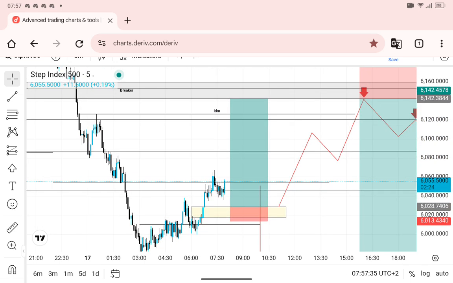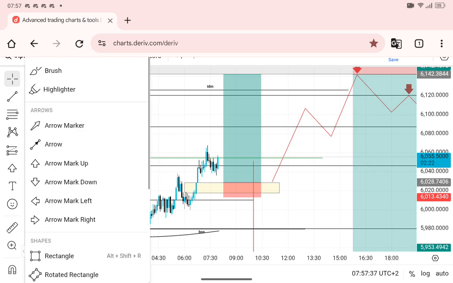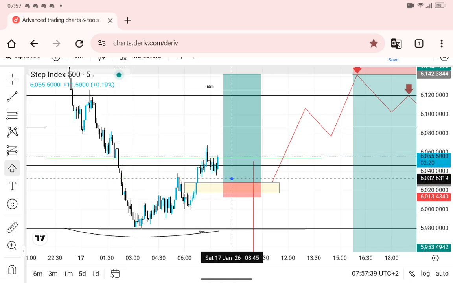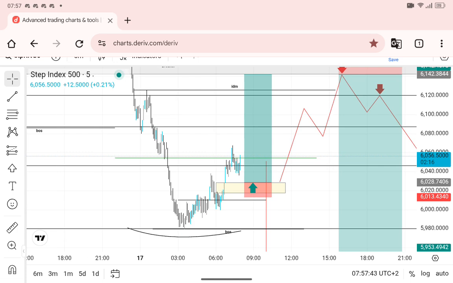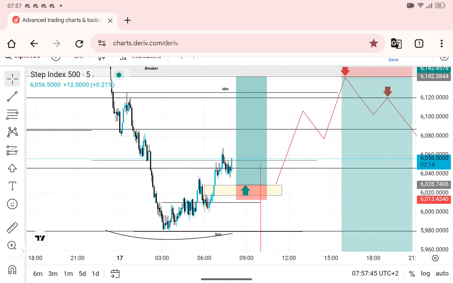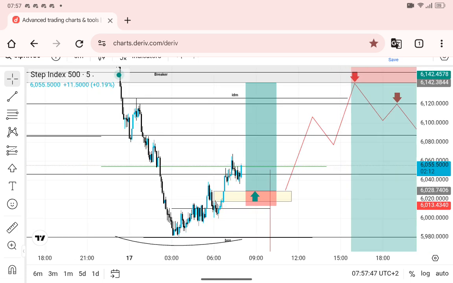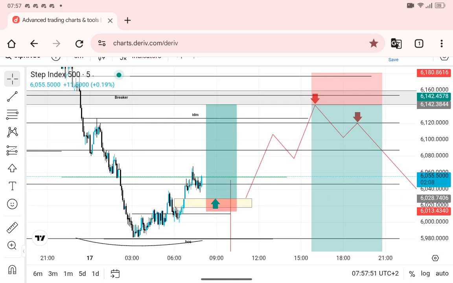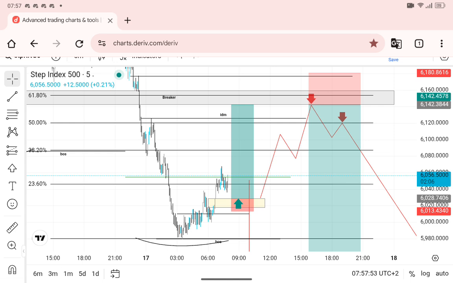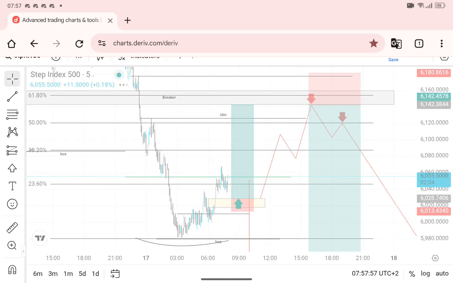No need to worry, because if they don't buy here, you should not sulk about it and say you missed a trade. You know that if they fail to give you those buys here, you'll be selling from that breaker block after the confirmation. You see, it's just matching time frames and waiting for confirmations.